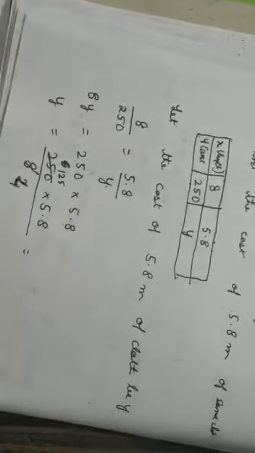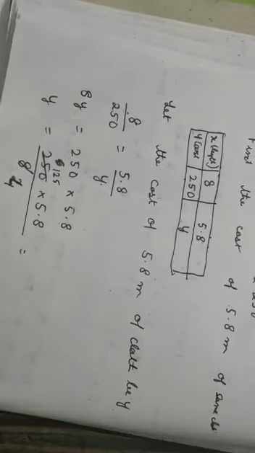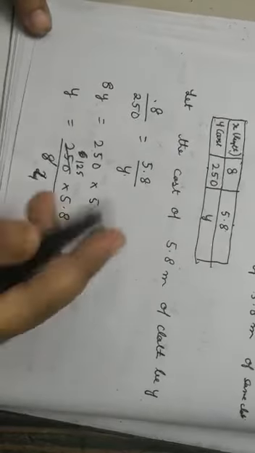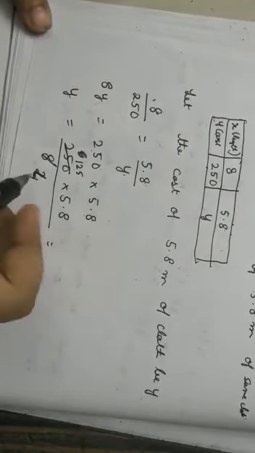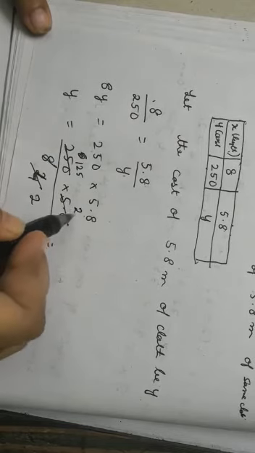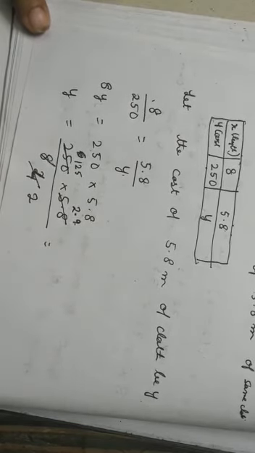Let me do it now. It is 125 into 5.8 divided by 4. This will go with 2 at least. 2 2s are 4, and this is going to be 2.9. So you have to do 125 into 2.9 divided by 2.